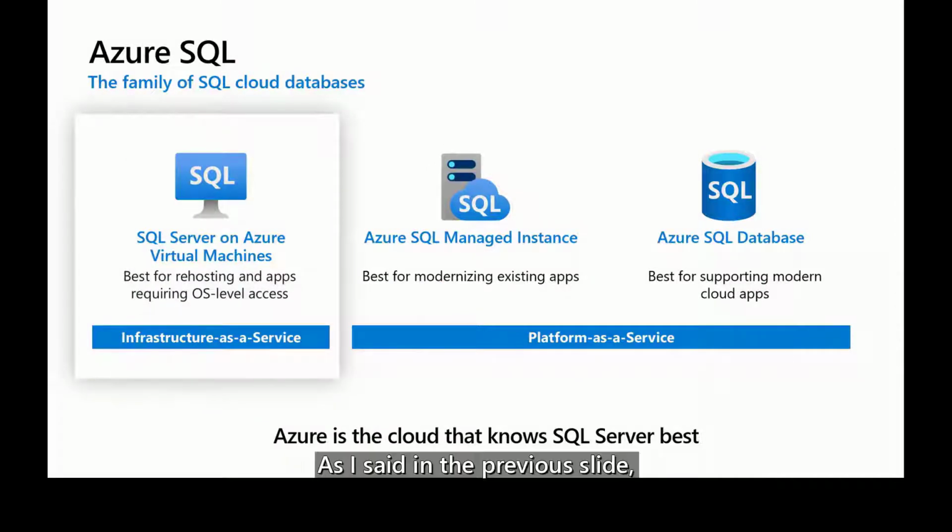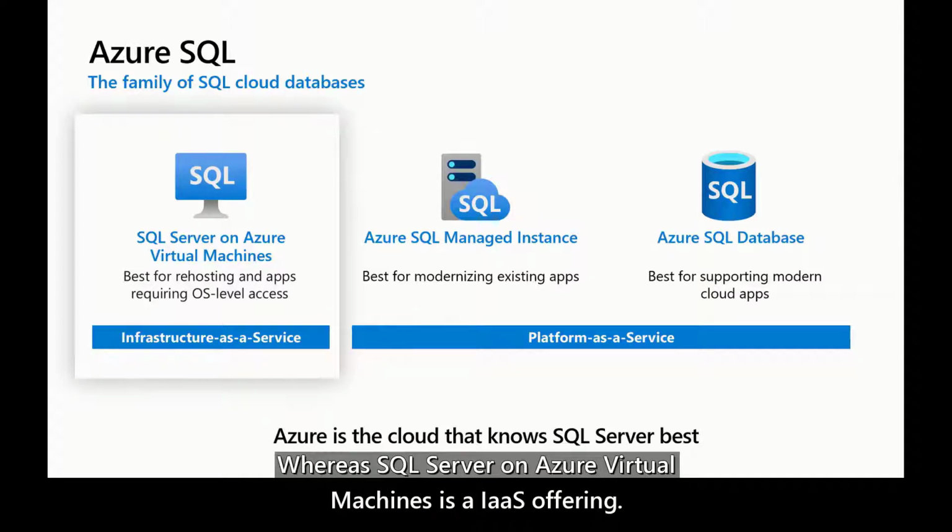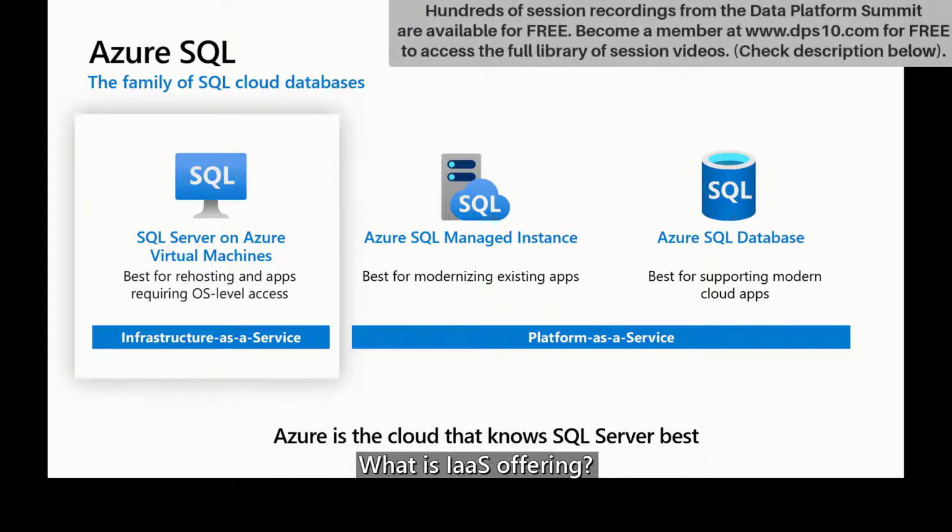As I said in the previous slide, Azure SQL managed instance and Azure SQL database are the PaaS, or platform as a service, offerings of Azure, whereas SQL Server on Azure virtual machines is an IaaS offering. What is an IaaS offering? We give you infrastructure, you run your own software on it, and we take care of the infrastructure, you take care of the software. That's what IaaS essentially is.